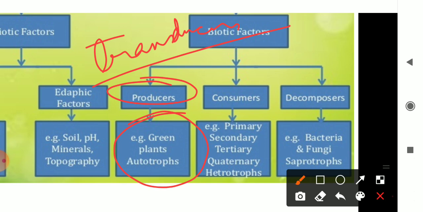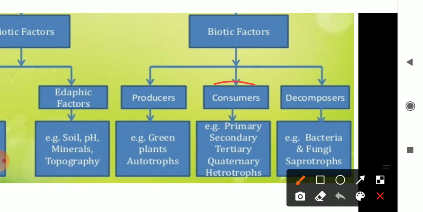Now, consumers are the animals, or heterotrophs. These are the organisms which themselves cannot make food but are directly or indirectly dependent upon the producers for obtaining nourishment.